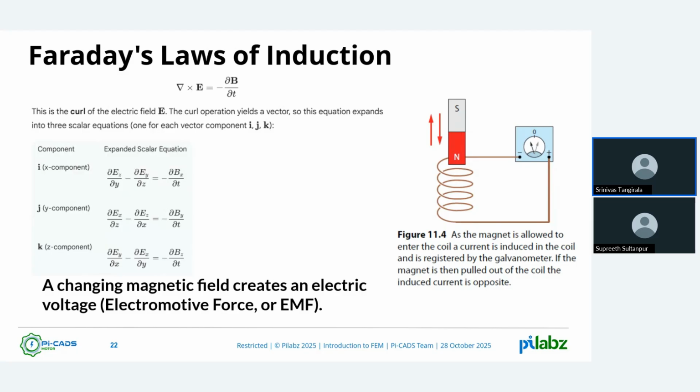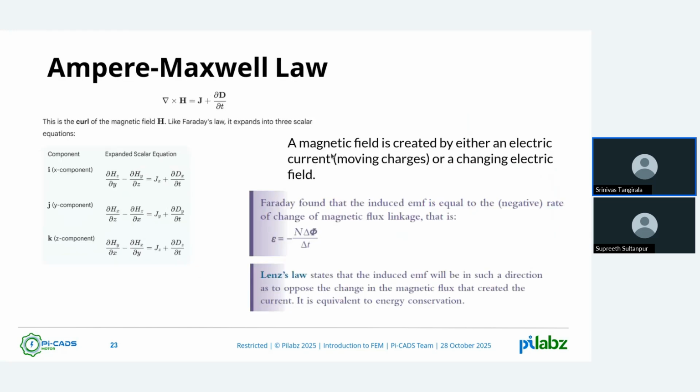Then we look at the fourth equation of Maxwell's laws. This is the Ampere-Maxwell law. This is the inverse of Faraday's law, which states that a magnetic field is created by either an electric current or a changing electric field. Here H, like I said, is the magnetic field, J is the current density, and D is the displacement, so ∂D/∂t is the rate of change of displacement.